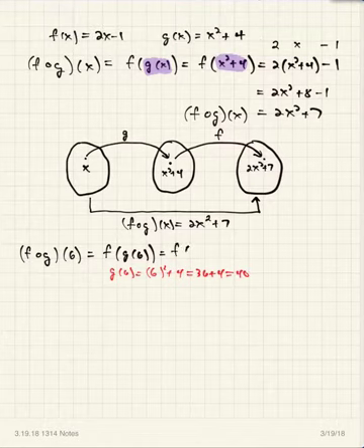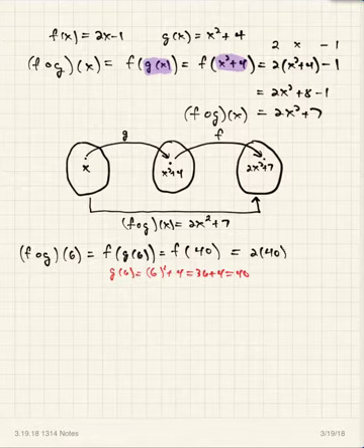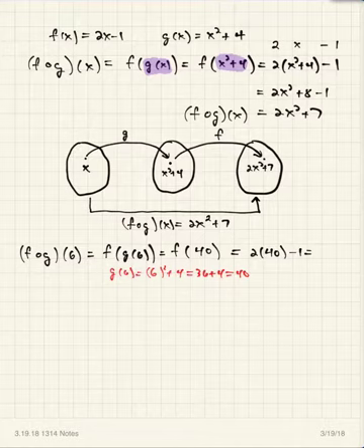So this would be f of 40, like that. And then you'd go to the function f, and you'd evaluate that at 40. So you'd have 2 times 40 minus 1, or 80 minus 1, or 79. Right? So f circle g of 6, or f composed with g of 6, would be equal to 79.